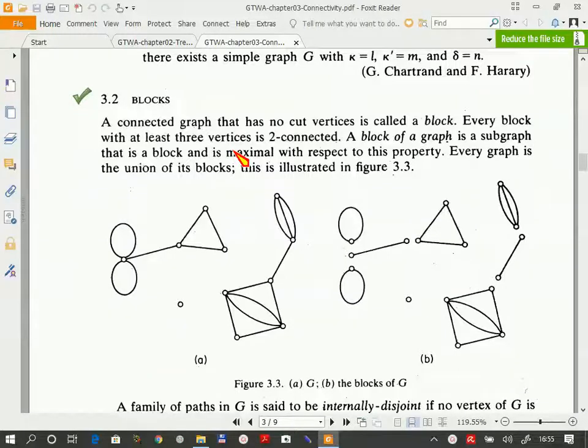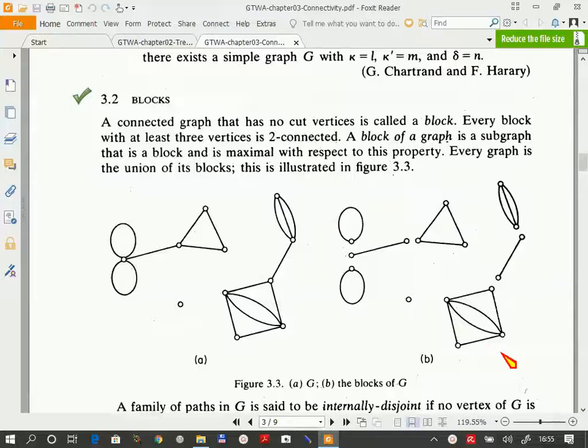This adjective maximal is important, and we'll have a comparison between two such adjectives, maximal and maximum. Maximal means that if you add even a single vertex, even a single edge, then what you get is no longer in that condition. So for instance, in this case, you might have also a smaller subgraph which is without cut vertices. I might take these 3, for instance.